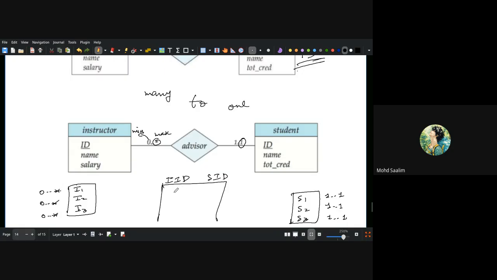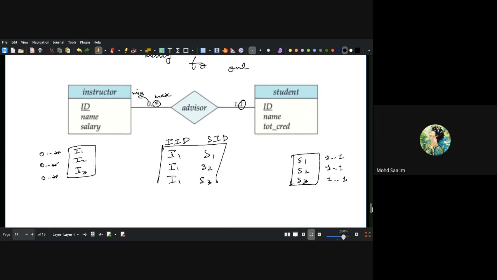So maybe the relationship can be something like this. This is only the minimum threshold. At maximum, it is going up to star. So this I1 can participate, let's say, with S1, with S2, and with S3, because the maximum threshold is star. So I1 can come multiple times, right? But the minimum is 0. That means if I want, I can totally avoid the participation of I3. I can ignore that. It is tolerant.